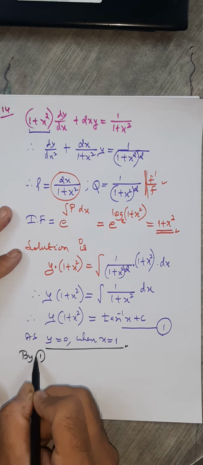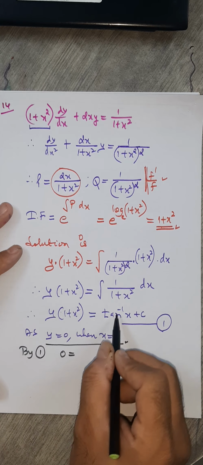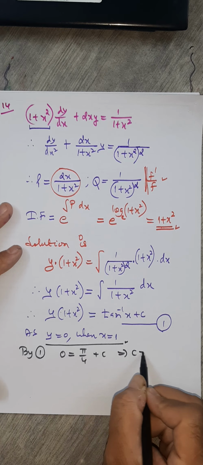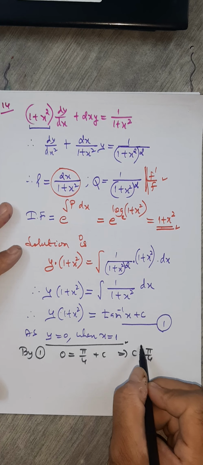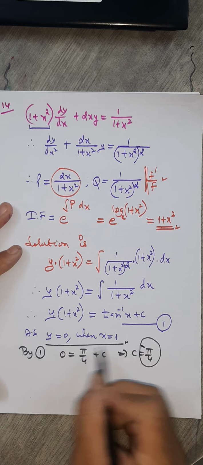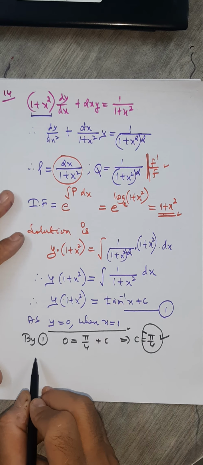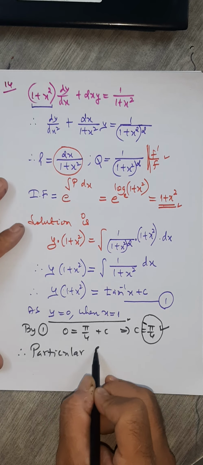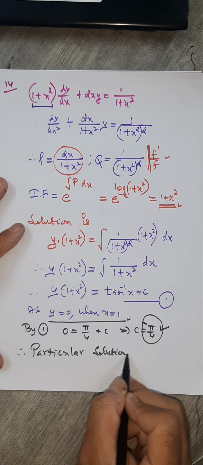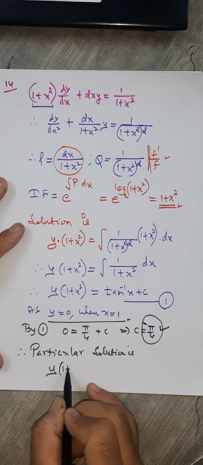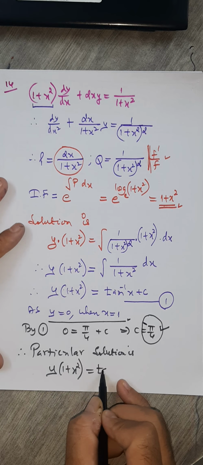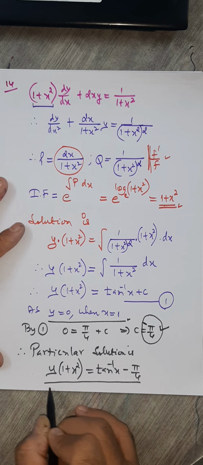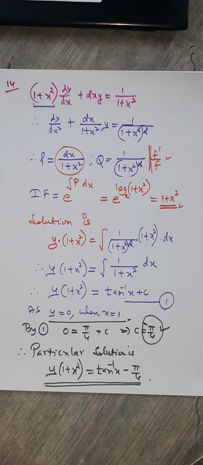So y is 0, so this is 0, tan inverse 1 is pi by 4, put x equals to 1, so c will be pi by 4 here, sorry, minus pi by 4, I'm sorry, minus pi by 4. So I'm putting minus pi by 4 there. Therefore particular solution is y into 1 plus x squared equals to tan inverse x minus pi by 4. C will not be there, remember. In a particular solution we never have C.